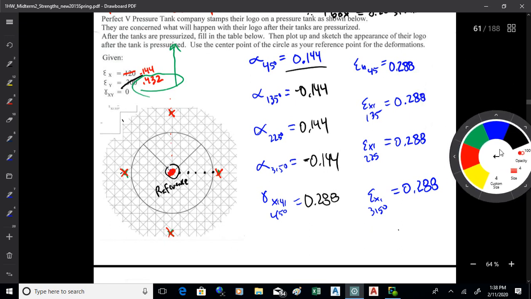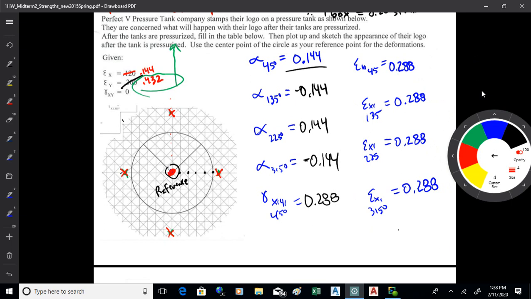Plot that point up, okay? Right there at 45. What's the normal strain at 45?